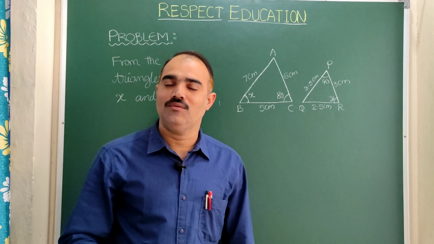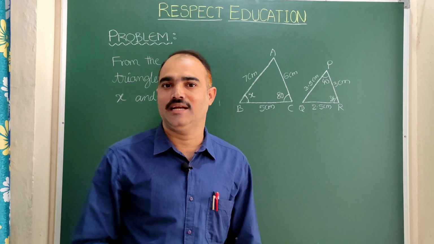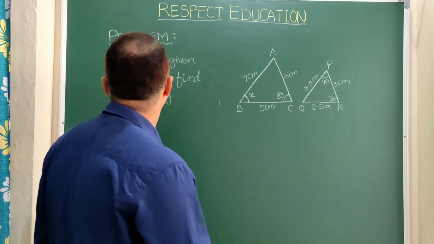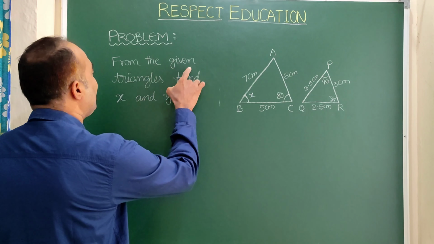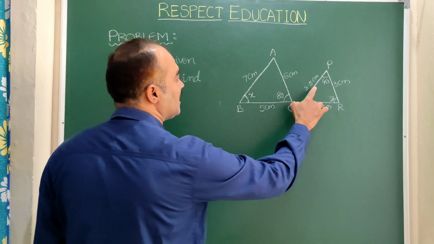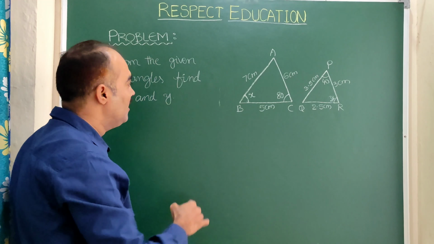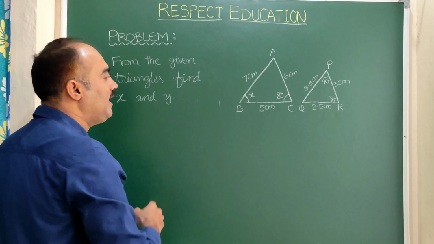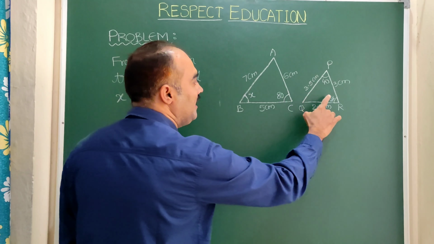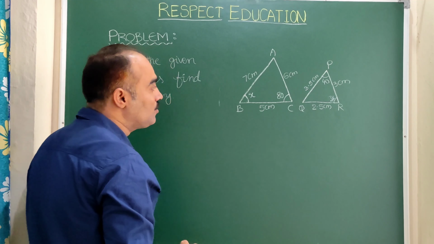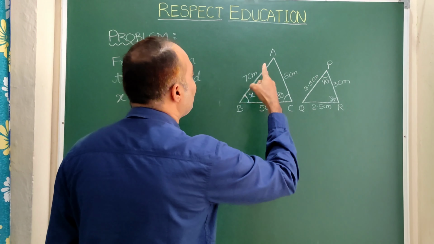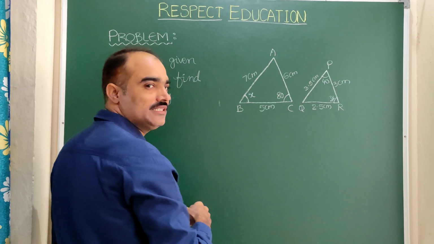Now let us solve a problem based on this criterion. Here you see the problem. From the given triangles, two triangles are given, namely ABC and PQR. Find X and Y. What are the known measurements?